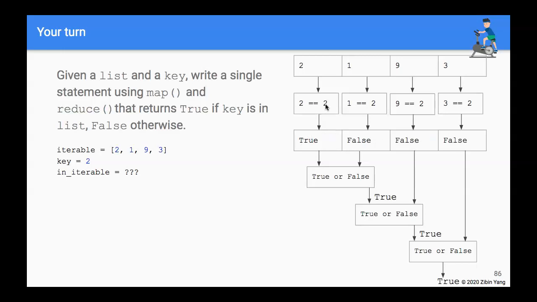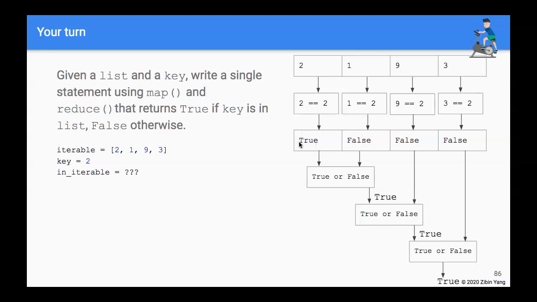So I'll check if 2 is equal to the element 2. Is 2 equal to the element 1? Is 2, the key, equal to the element 9? And so on. Then I get a bunch of trues and falses. In this case, the key 2 is equal to the first element, so I get a true, and then false for the rest of the elements.